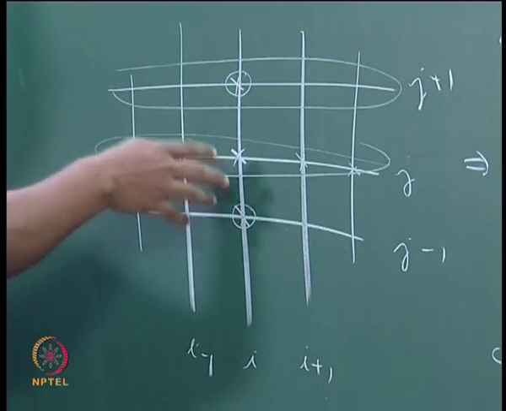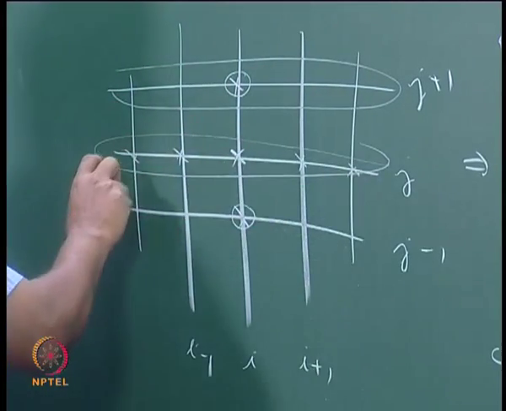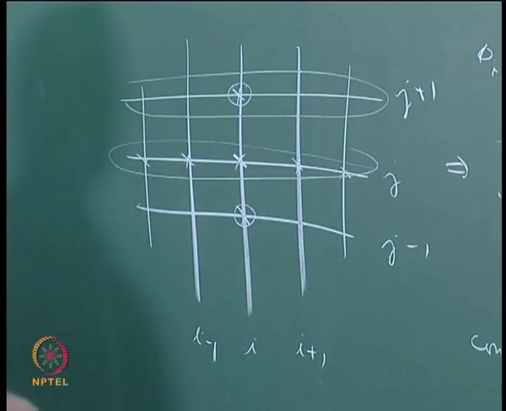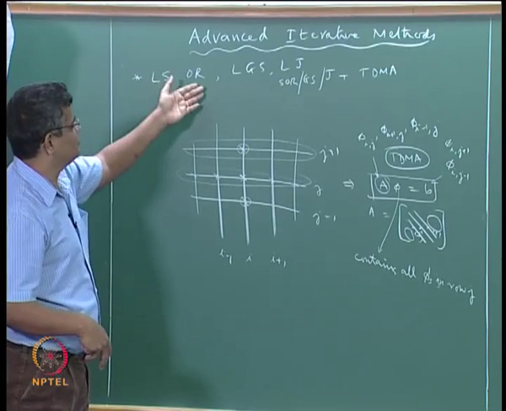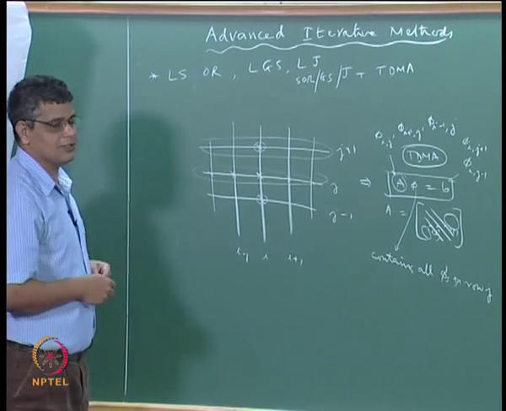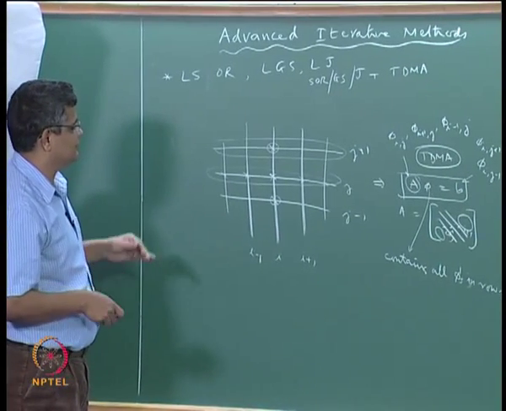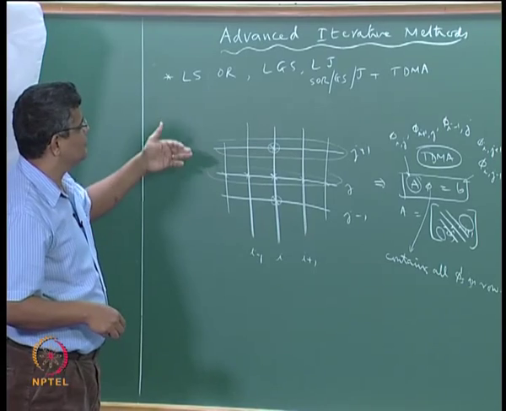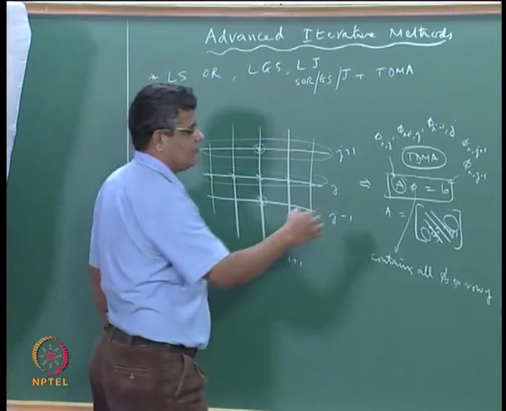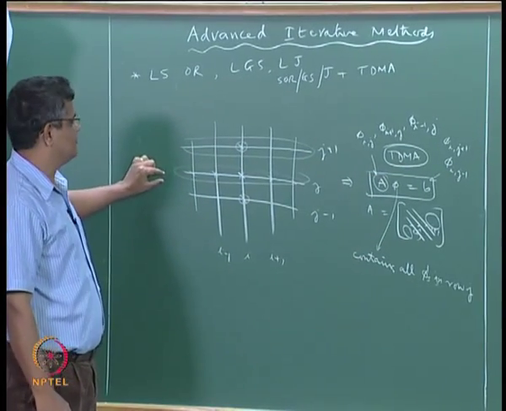So you can have a combination of line SOR applied for evaluation of all the points with horizontal lines, and in the next round of evaluation you can use vertical lines like that. So you can have a combination of HSOR plus VSOR and again HSOR, VSOR, that type of thing can also be done, and it is a variation of the same kind of method.